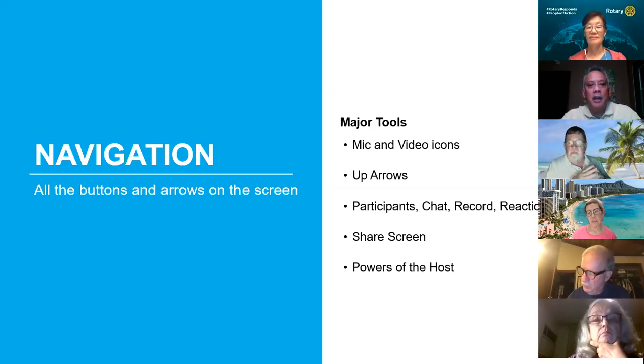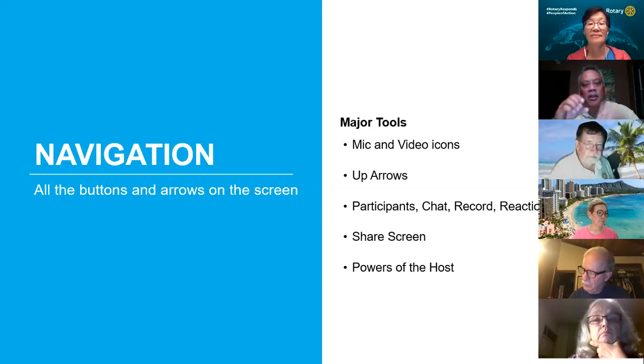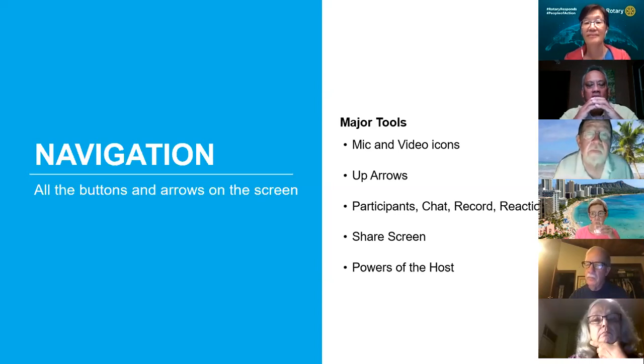Now on mine, because it's a pro account, there's a security icon. I can press it and allow everybody in the meeting to share a screen. If I'm on a big meeting where there are going to be several presenters, at the beginning I click on this shield, and you don't see it on your account.